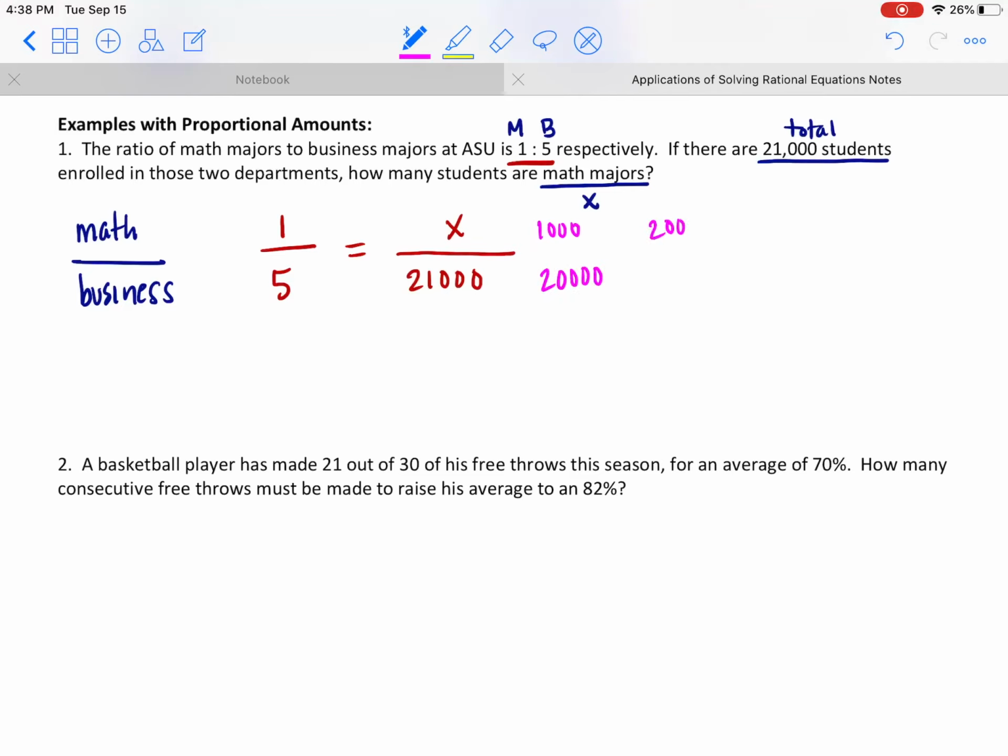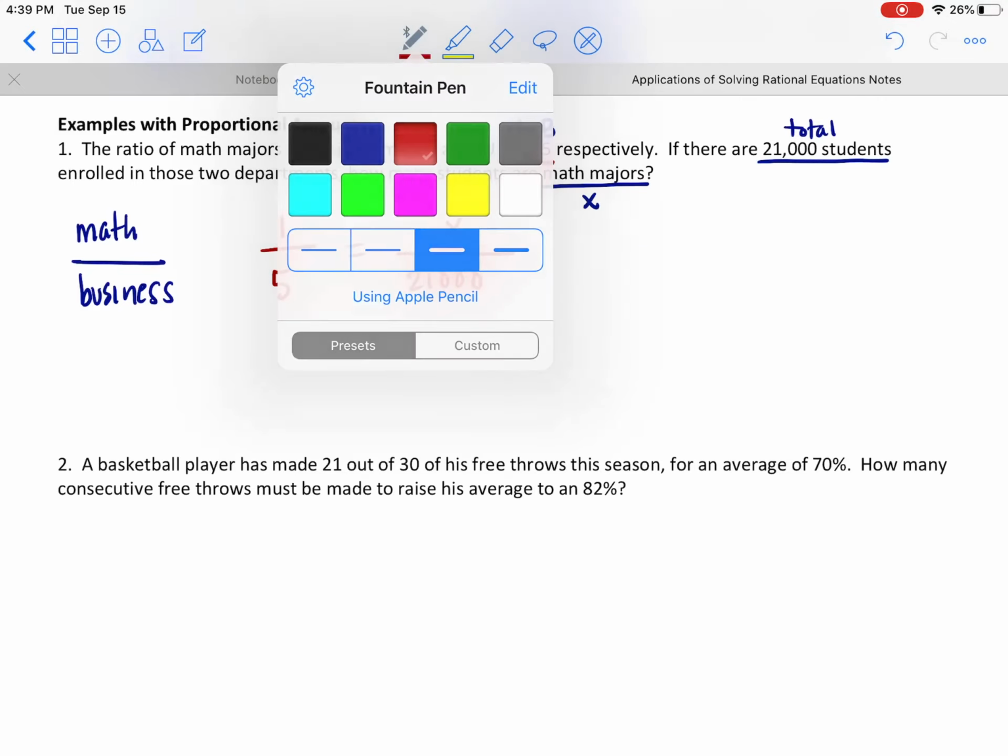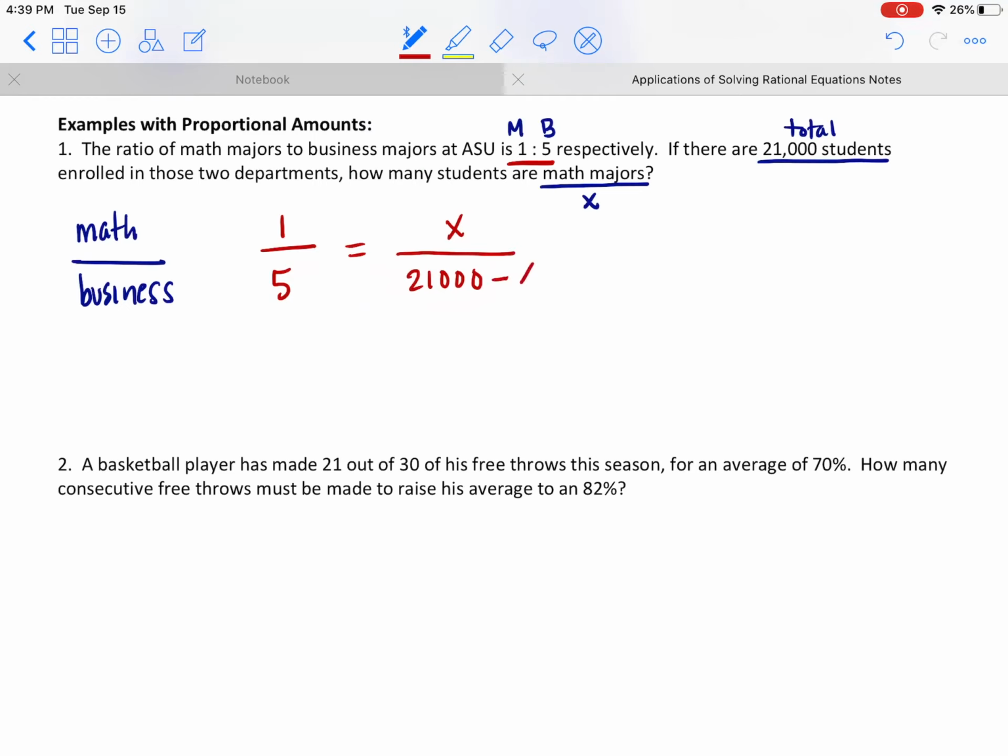If there are x amount on the top, we have to subtract that from 21,000 to get the amount that belongs on the bottom. So if there are x amount of math majors, then there are 21,000 minus x business majors. Hopefully that makes sense. Okay?